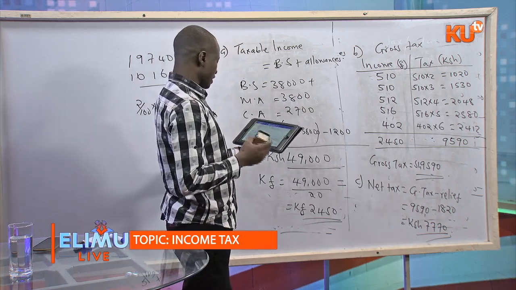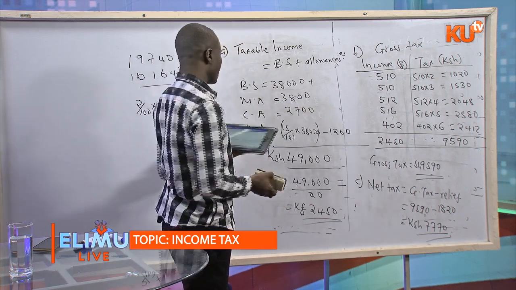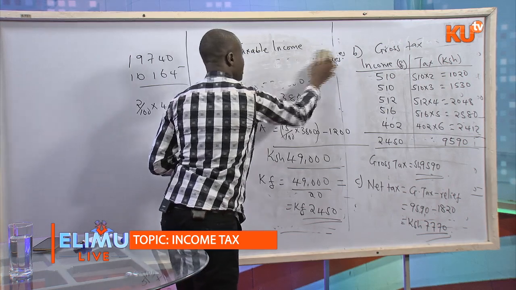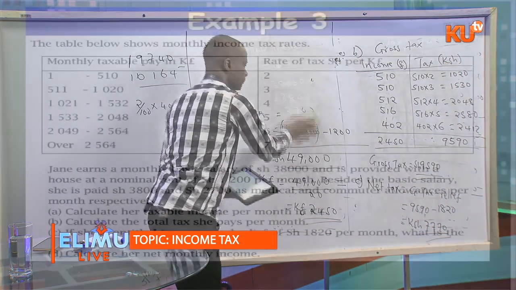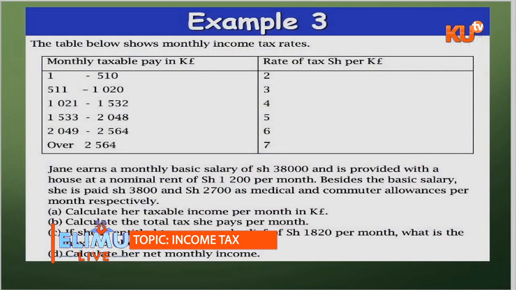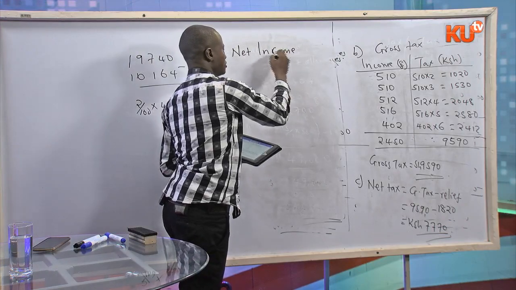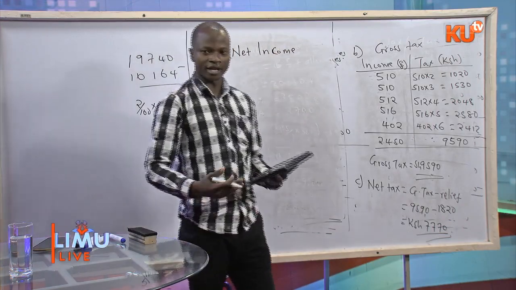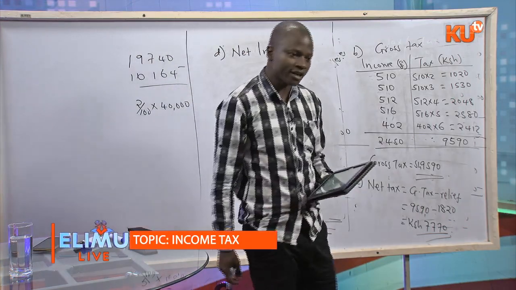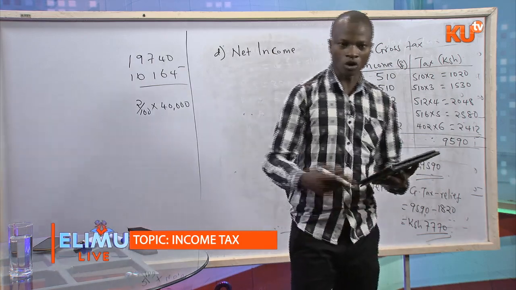Part D, calculate her net monthly income. Her net monthly income. So part D, we want the net income. We use these terms interchangeably: net income, net pay, net salary, take home, all those.